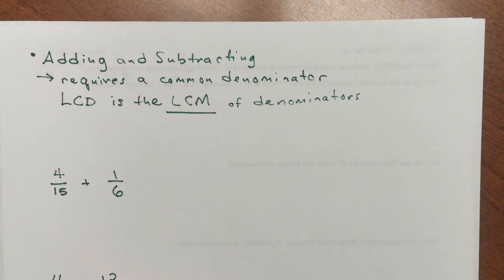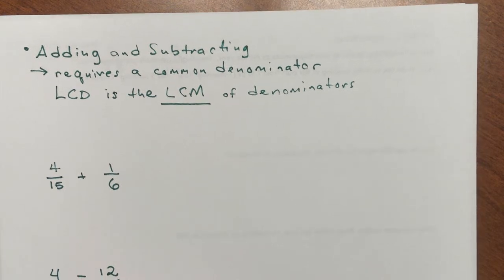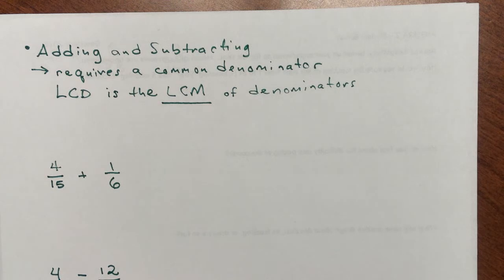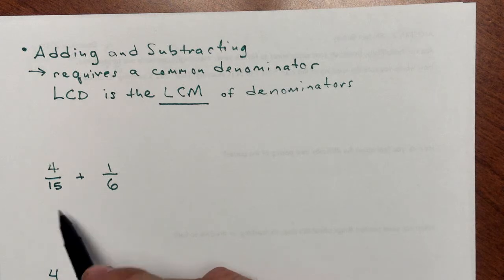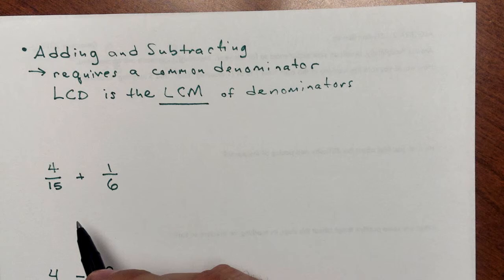When you're doing this, you probably thought of, like for this first example, 4/15 and 1/6. Previously, what you might have done is write out multiples of 6 and 15 until one coincides and use that. That process will work for small numbers, but for larger numbers, not so well. And the big thing is we're going to get into this with algebraic expressions, and if you do that with algebraic expressions, it really gets you nowhere.